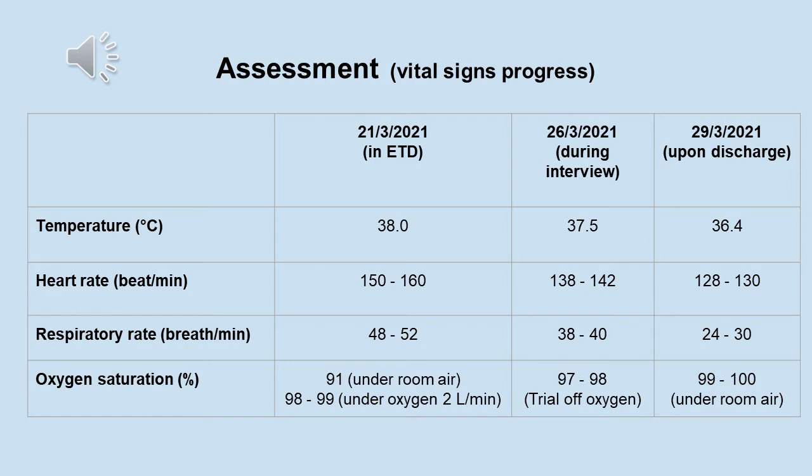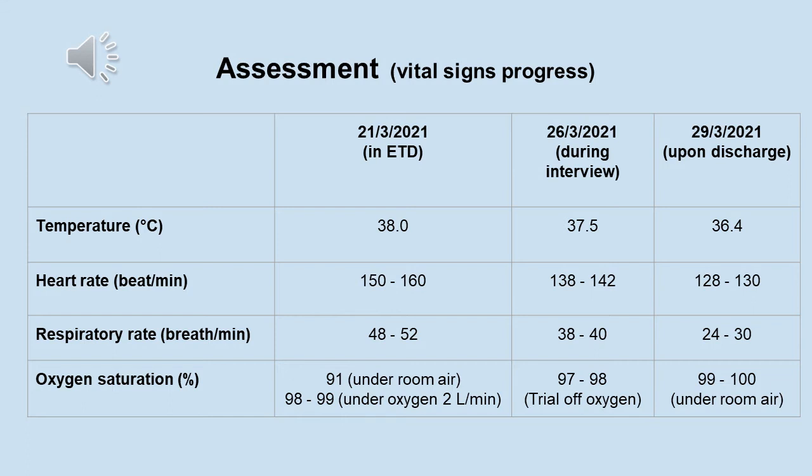During the interview on 26th of March, her temperature was 37.5 degrees Celsius, which is a low-grade fever, her heart rate ranged around 138 to 142 beats per minute, and her respiratory rate was 38 to 40 breaths per minute. Her oxygen saturation was 97 to 98% when she was on a trial of oxygen.